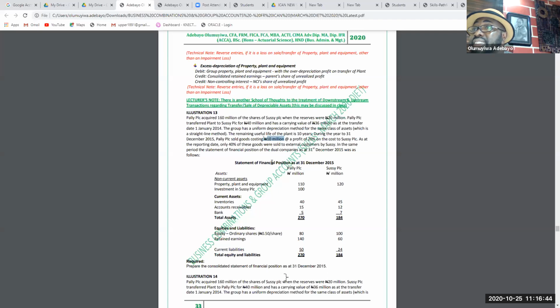Who will assist? Daniel, you are putting something on the chat. Can you speak up? Yes, Daniel, we can apply the markup on the cost, sir.